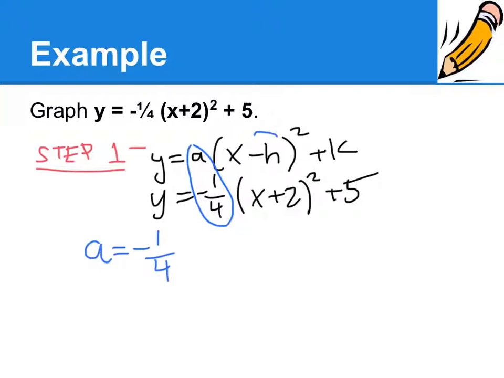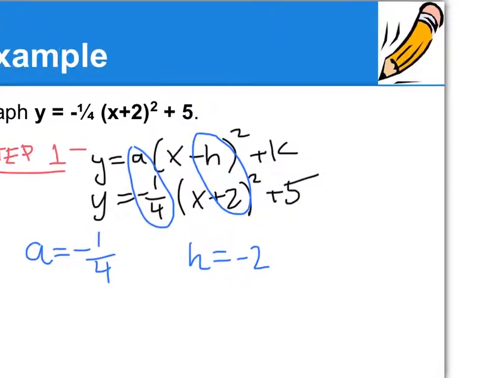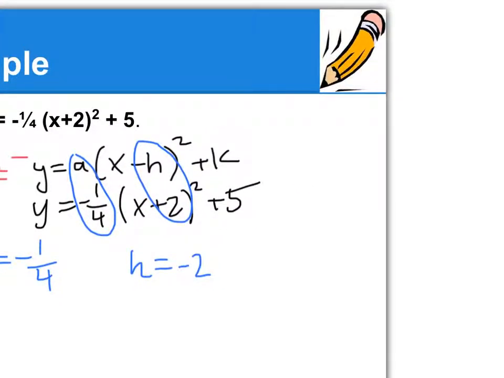We know that h, this is tricky. h equals negative 2. Let me scoot this over a little bit so I can show you why. Because remember, y equals a times (x minus h) squared plus k.